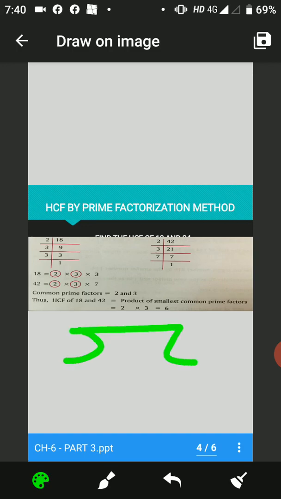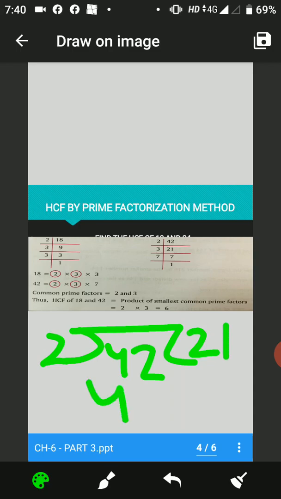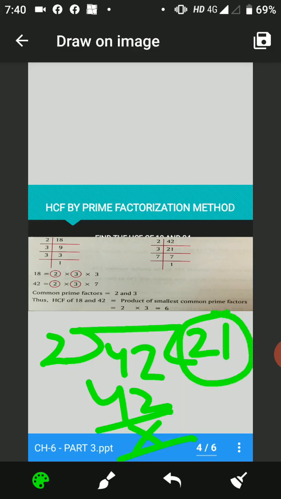You will divide 42 by 2 in rough, and when you divide it you will get 21. I am doing it in short form, but you can do it first with 4 and then 2, and the answer will come 21 in both cases. So in the 2 table, 42 comes in the 21st position.